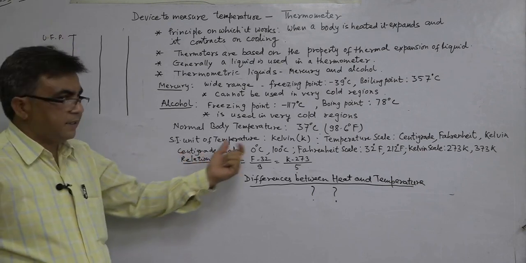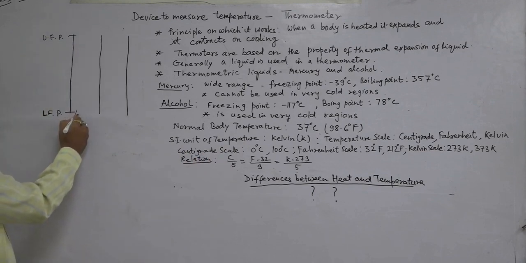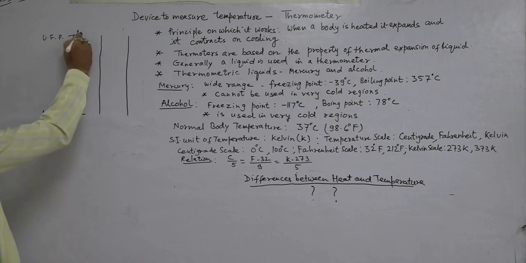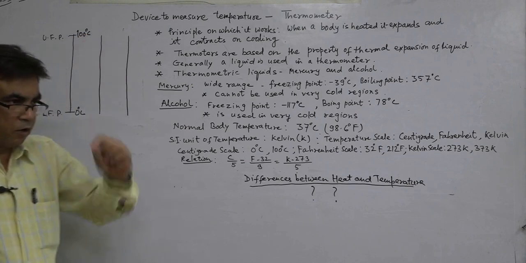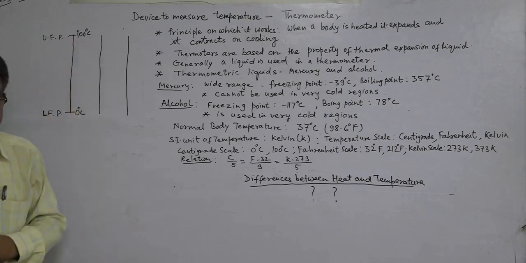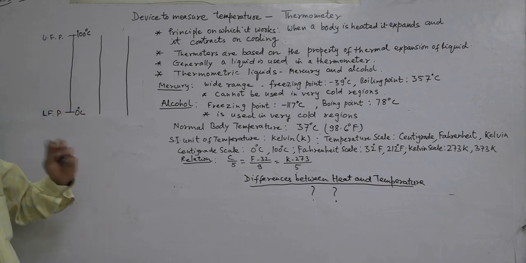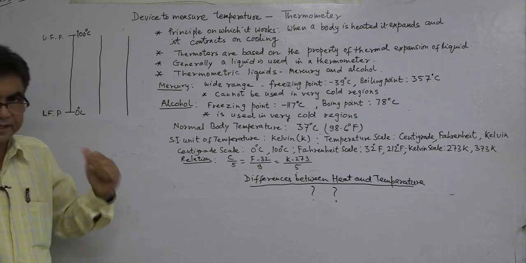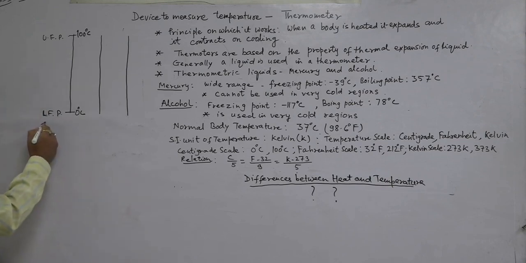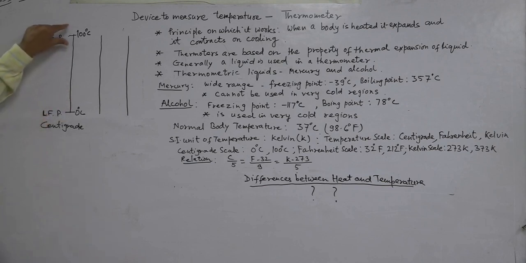For the centigrade scale, the lower fixed point is 0 degree centigrade and the upper fixed point is 100 degree centigrade. So what does it mean? It means water freezes at 0 degree centigrade and boils at 100 degree centigrade. Whenever we are making a liquid thermometer, first we have to decide on which scale to calibrate it. Suppose the centigrade scale: the lower fixed point is 0 and the upper fixed point is 100.